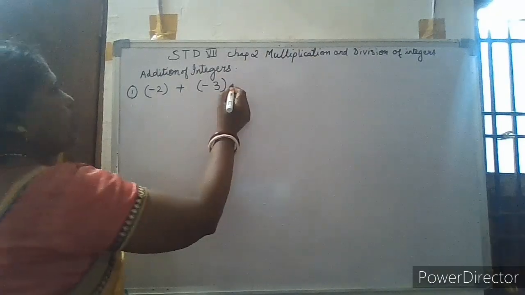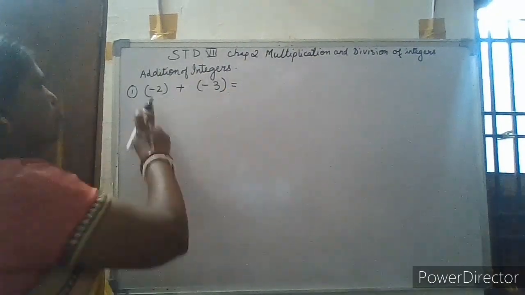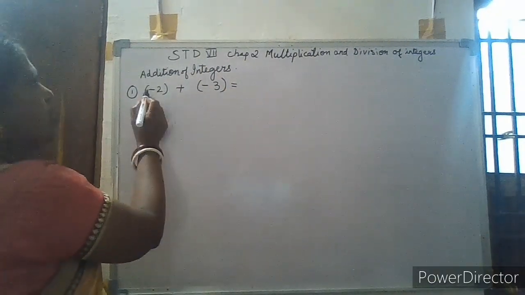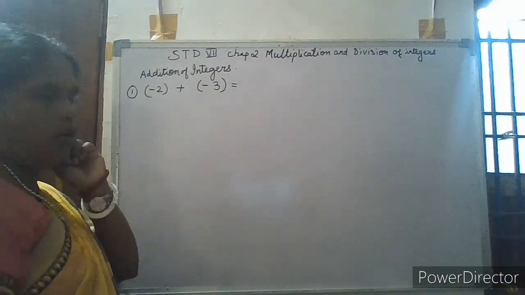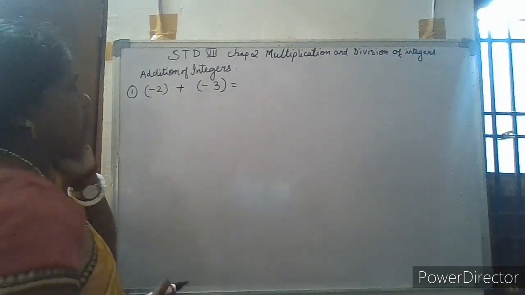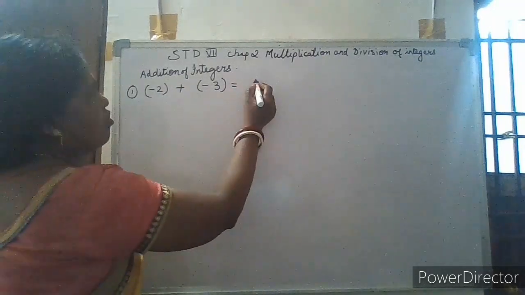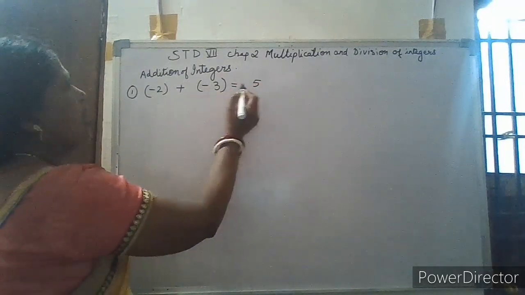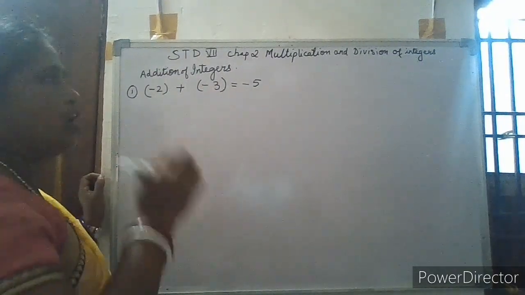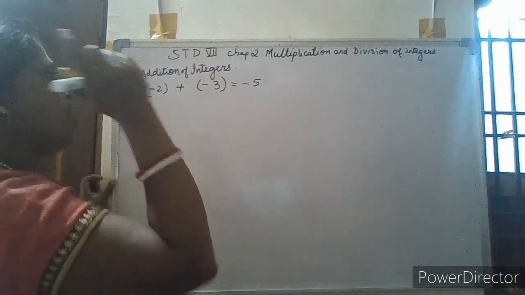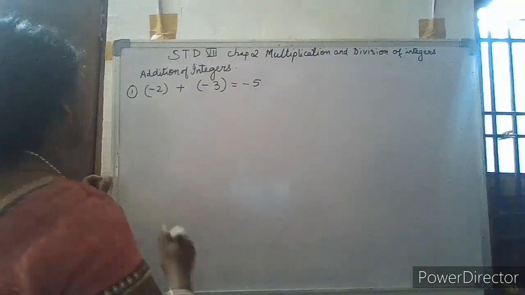Now, here both the numbers have the same sign. First rule: both the numbers have same sign, then we will add the numbers. 2 plus 3 is equal to 5 and put the same sign. That is the rule. If both the numbers have same sign, add and put the same sign.